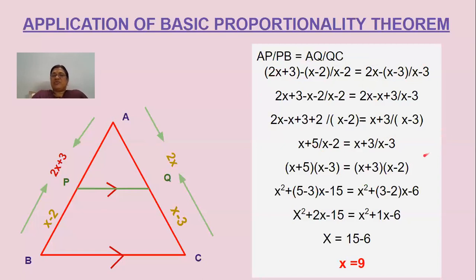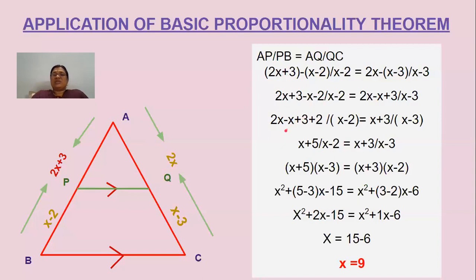This step is very important, and each and every step you have to do slowly. These questions you may get for 4 marks. See here what I have done, minus is there in between. So when you open this bracket, the minus will become plus, plus will become minus. So here you'll get minus x. These two are variables, so variables you can subtract; these two are numerals.